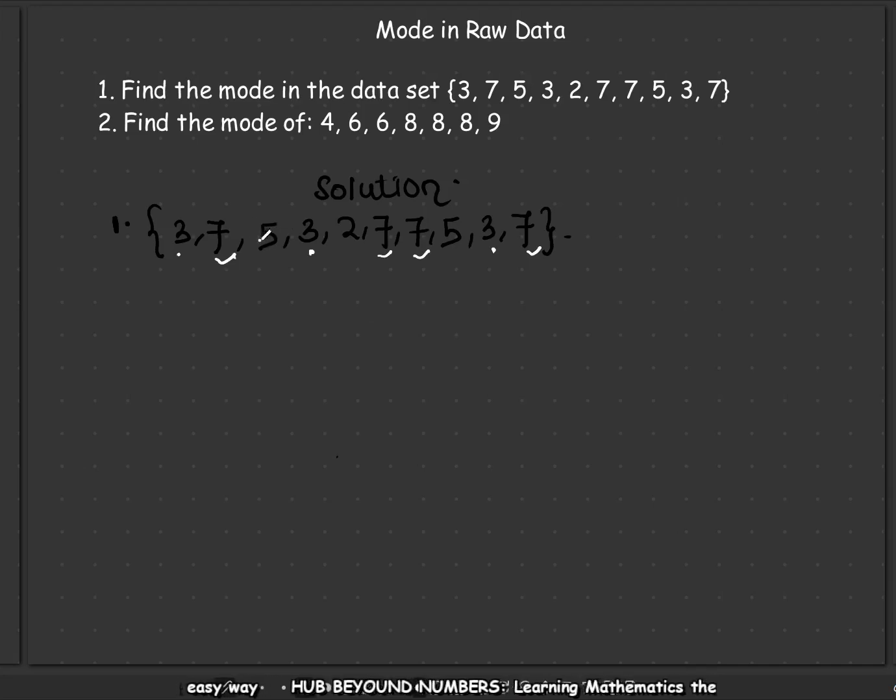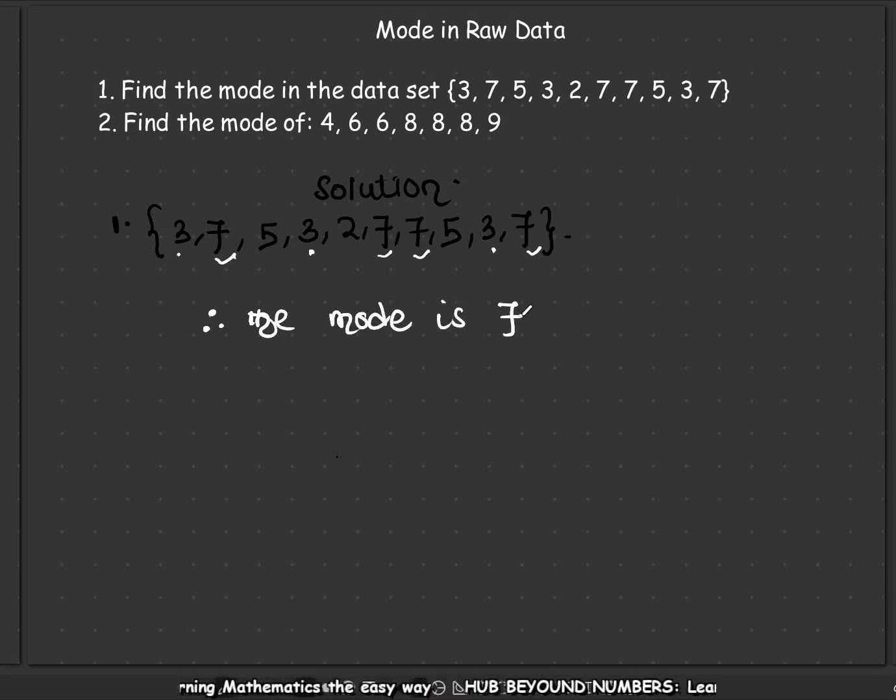If we take 5, we have just 1, 2. Which other number is there? We have 2, and 2 appears just once. So looking at all the data points we have over here, 7 is the most occurring number. Therefore, the mode is 7. And that is all, no doubt about that.